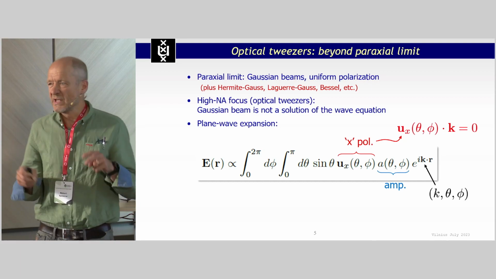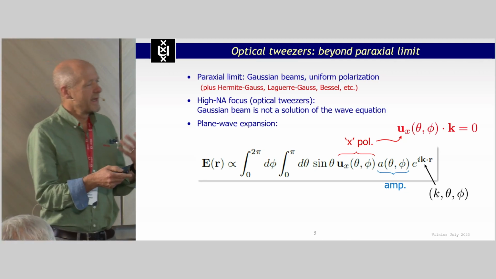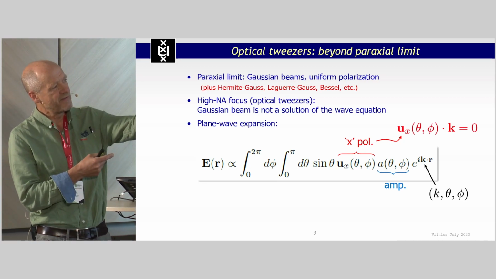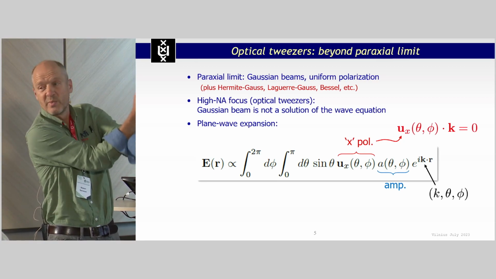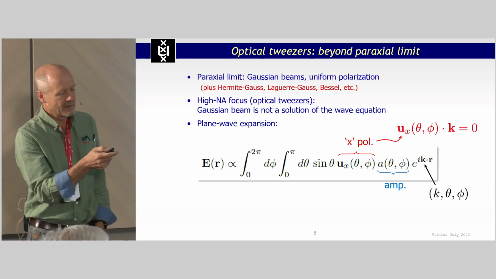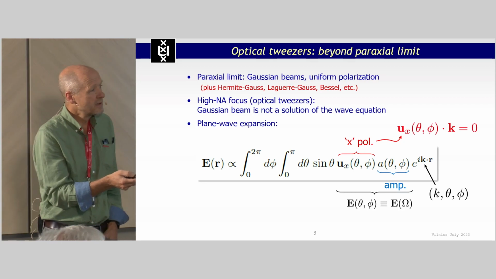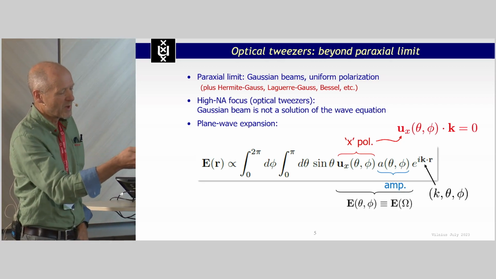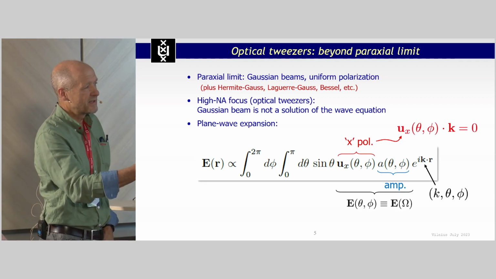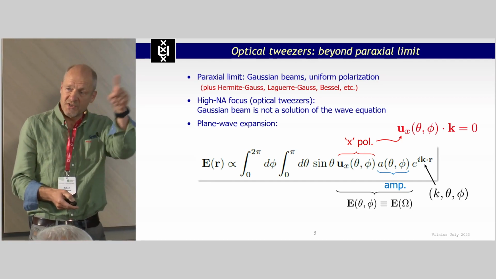Here I'm choosing the x-like polarization. I'm saying x-like because if you have different k vectors, then the polarization must of course be different. It must always be transverse to the k vector. So that's x-like polarization. I can lump these together in some vector-valued amplitude function that depends on propagation direction.